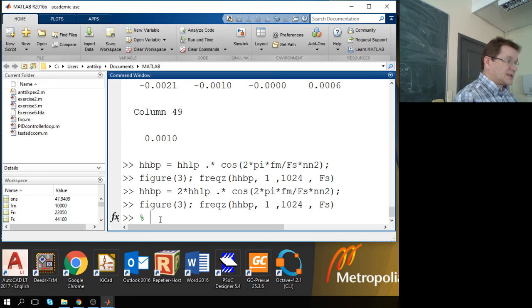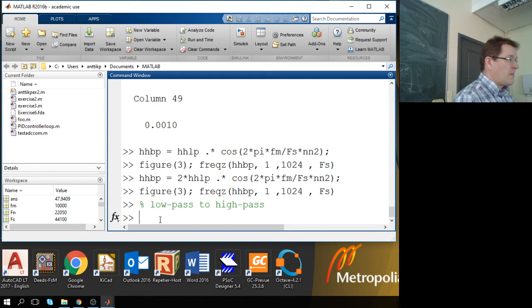Third one is the special case of from low pass to high pass. Okay. HP equals H low pass multiplied by modulating of cosine pi n, or minus 1 to the power of, okay, dot power of nn2.